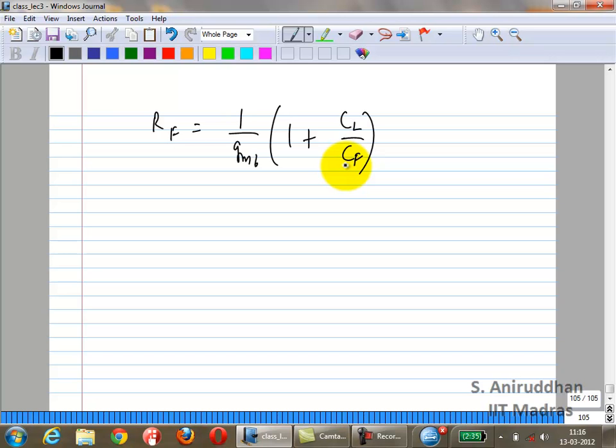This is for cancelling the pole. If you make 1 over GM6 equals RF, that will push the pole to infinity. Right? Okay?